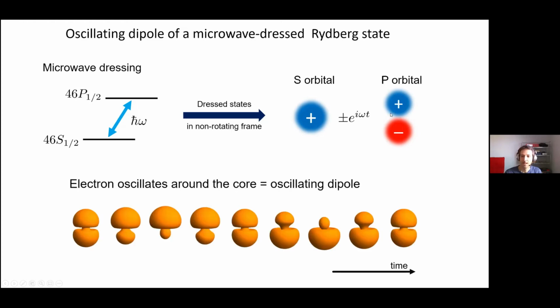So depending on the time that you look at it, the sum of this superposition will be an electron that has either more population above or more population below the core. So together with the core and the electron being above or below, you will get such an electron wave function that oscillates around the core, and due to that you get an oscillating dipole.